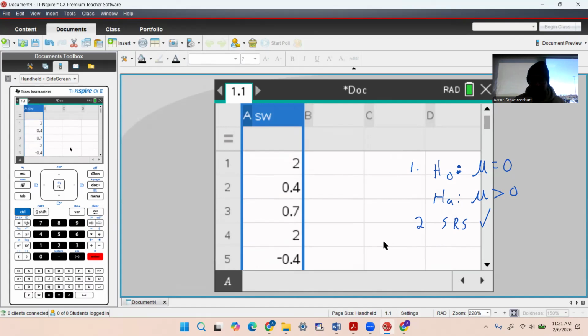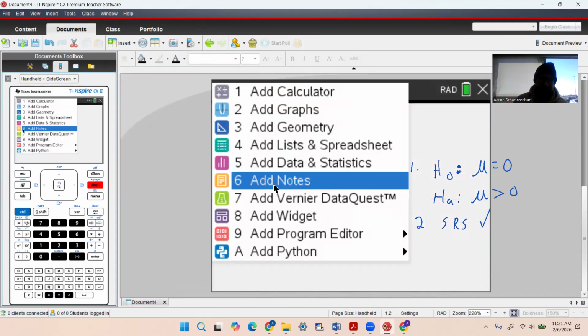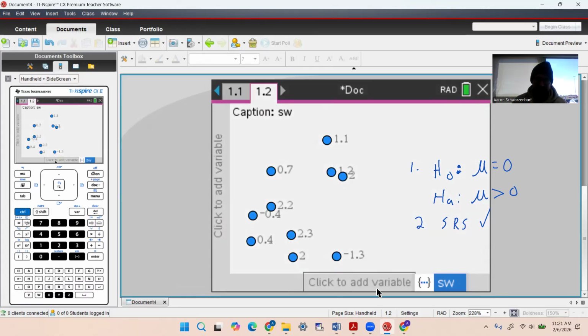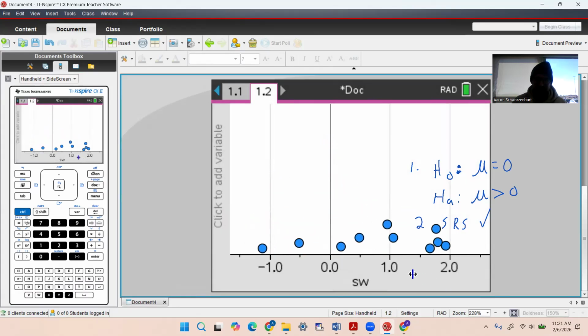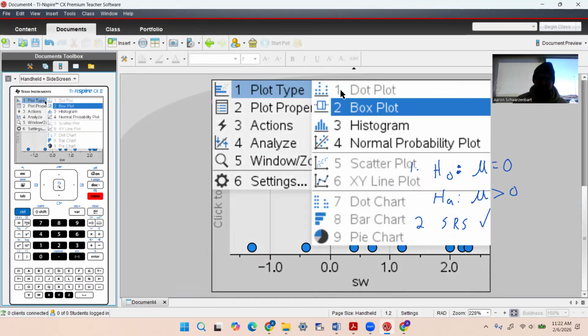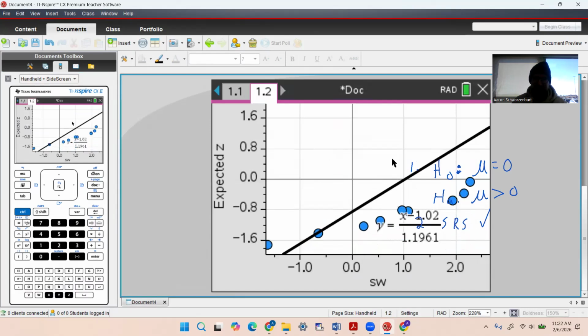So the next thing I need to check is normality. This is only 10, so I need some level of normality. With 10, unless there are extreme deviations from normality, oh, this is probably not extreme. Doesn't look like super extreme outliers. I'm going to check it with the normal probability plot. Those aren't extreme outliers.